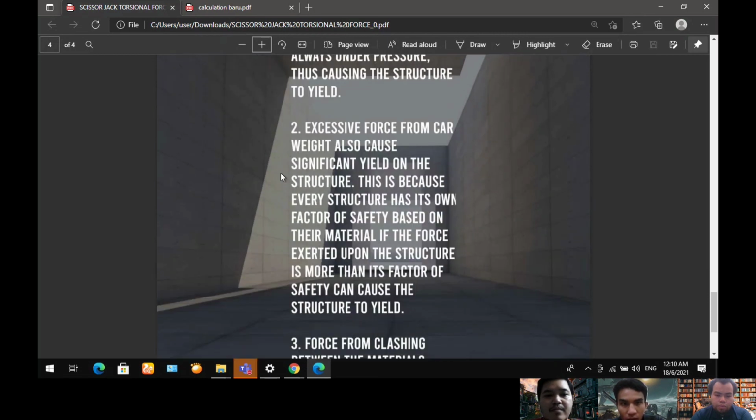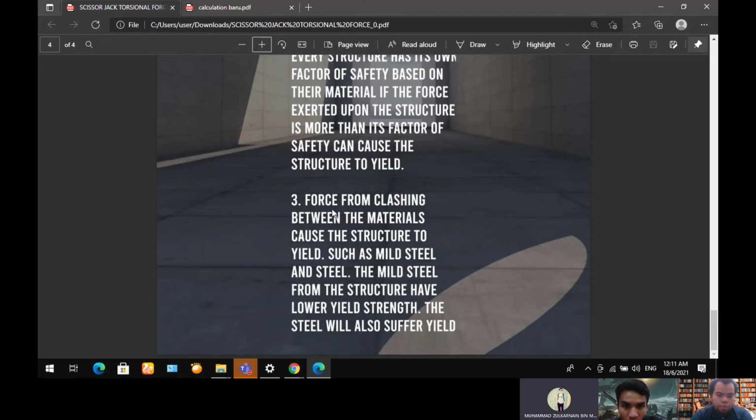Next, excessive force from the car weight also causes significant yield on the structure. This is because every structure has its own factor of safety based on its material. If the force exerted upon the structure is more than its factor of safety, it can cause the structure to yield.